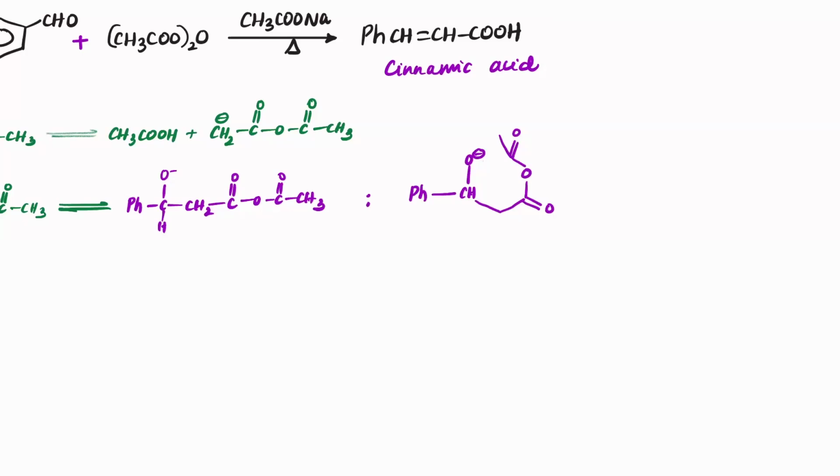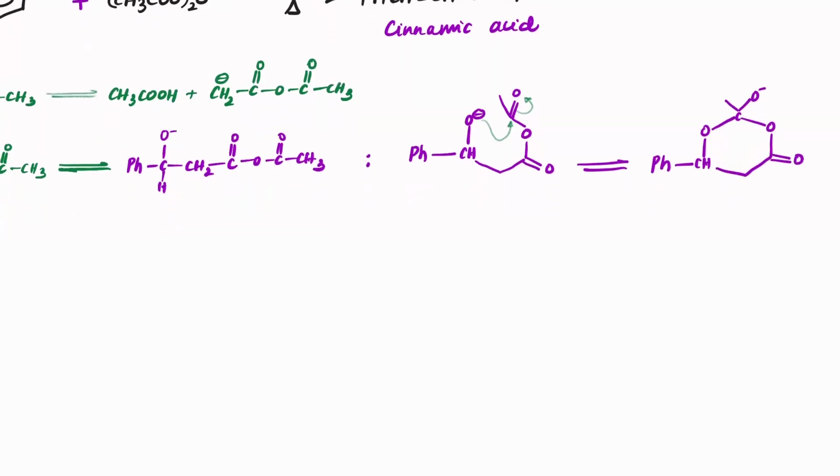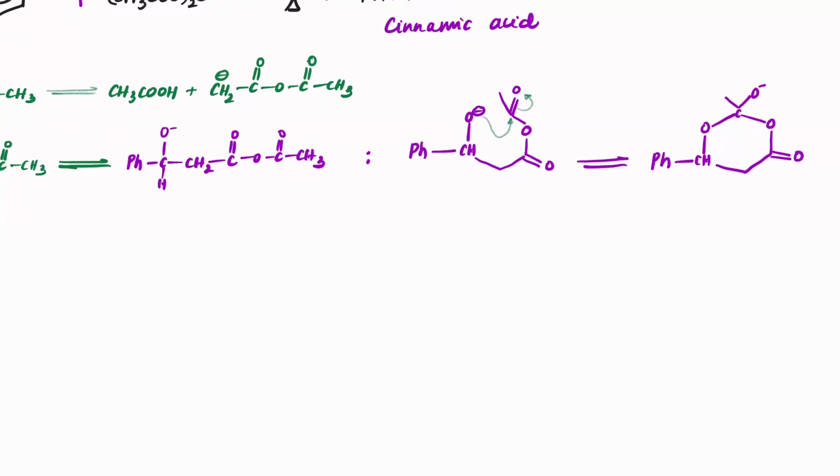That makes this O minus attack internally this way and form a six-membered ring. So this is the six-membered intermediate which is forming.